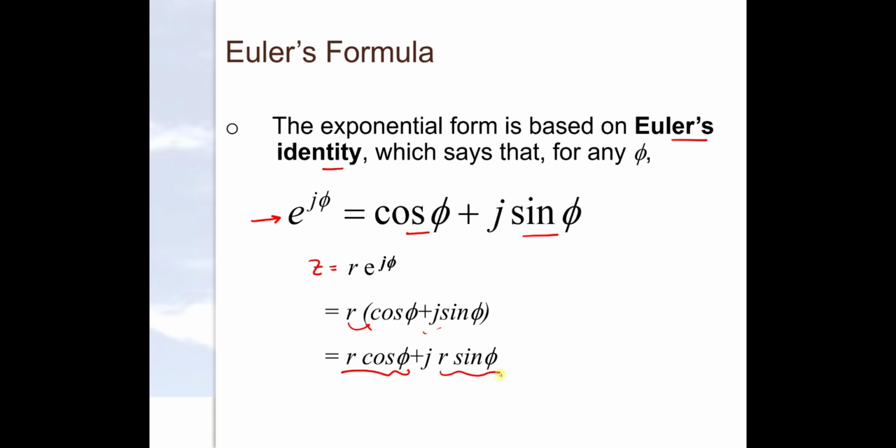If you recall from two slides ago, this is how we converted the polar form to the rectangular form. So this is the real part x, and this is the imaginary part y. So yep, it is an equivalent representation. It gives me the same relationship between polar and rectangular. So Euler's formula, or the exponential representation, is also a valid representation for the complex number.